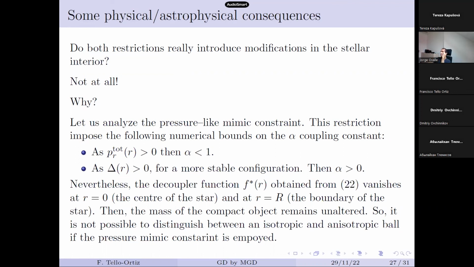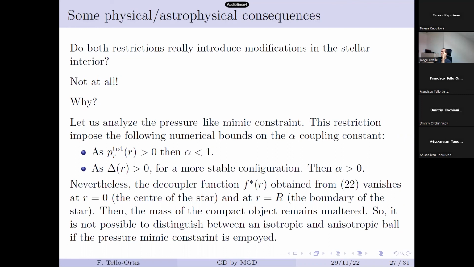If I compute the gravitational redshift of my toy model, my perfect fluid toy model, and I have one numerical value, for example, and then after performing gravitational decoupling by MGD, I compute again the numerical value for the gravitational redshift using the pressure-like mimic constraint, I will obtain the same numerical values. Okay. For the density mimic constraint, the situation is more involved.